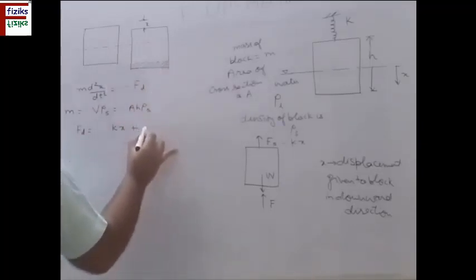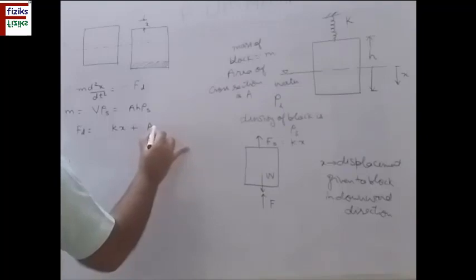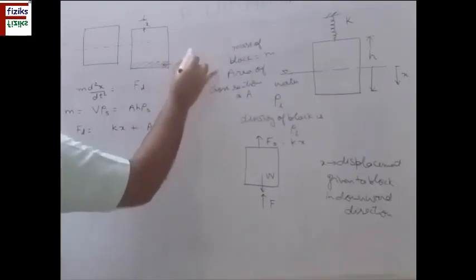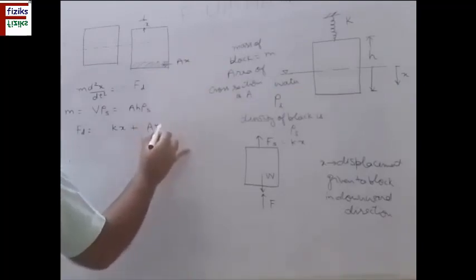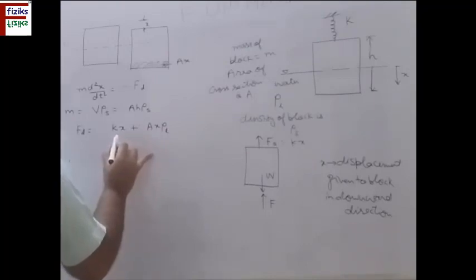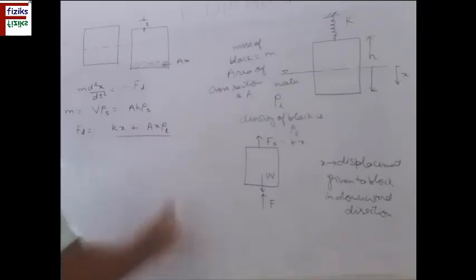So this volume is A into X. So volume multiplied by density of the liquid, this is the additional force.